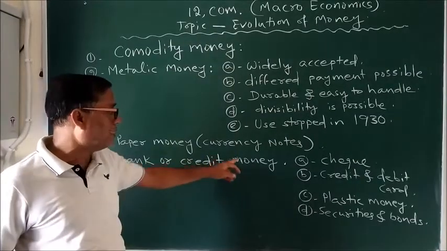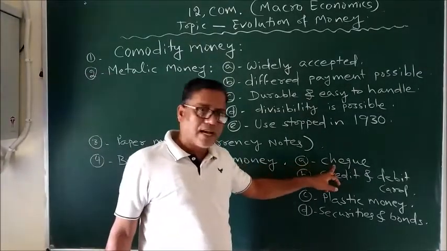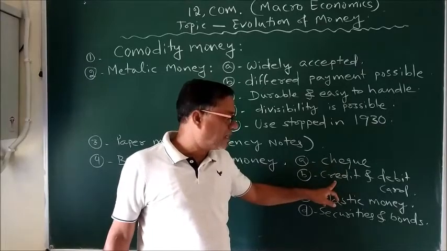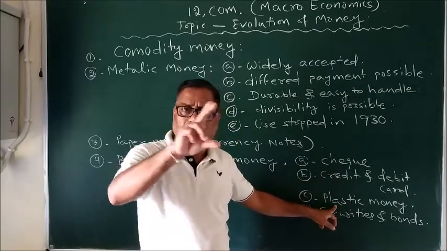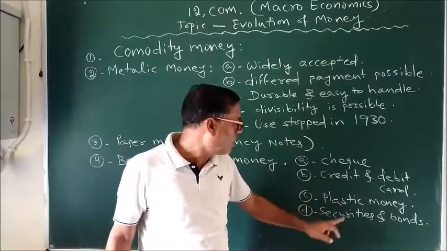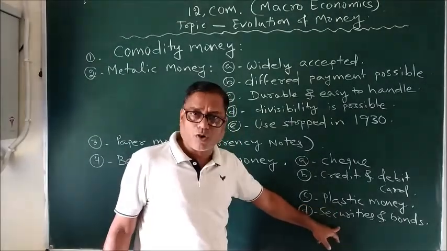Bank or credit money involves checks, credit and debit cards, plastic money, since credit and debit cards are made of plastic, and securities and bonds.